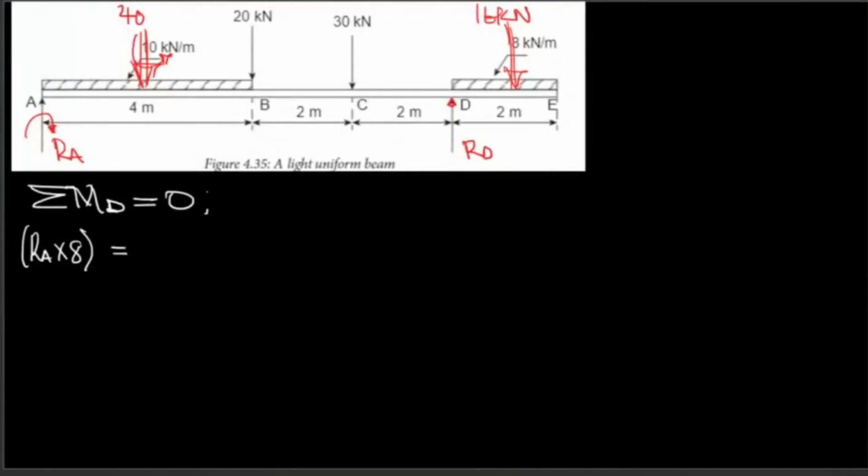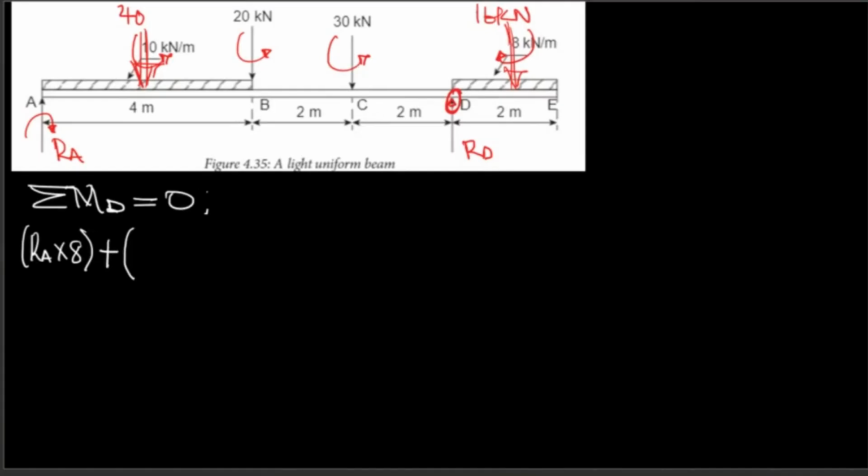This is going to be clockwise. The 40 is going to be counterclockwise. 20 is going to be counterclockwise. This is going to be counterclockwise. 16 is going to be clockwise because we are taking moment about this section.